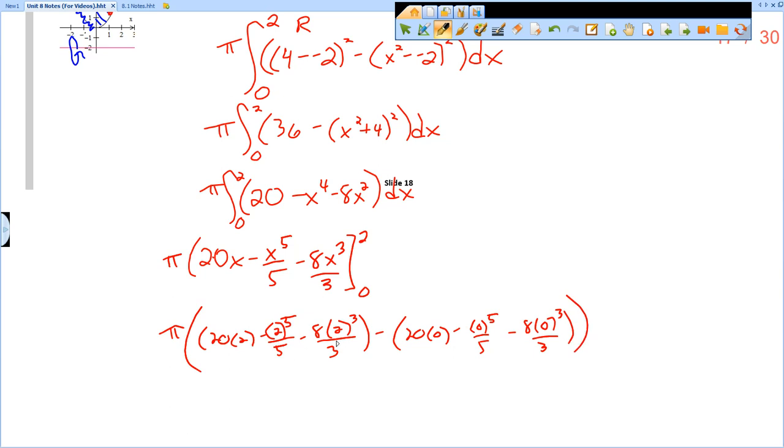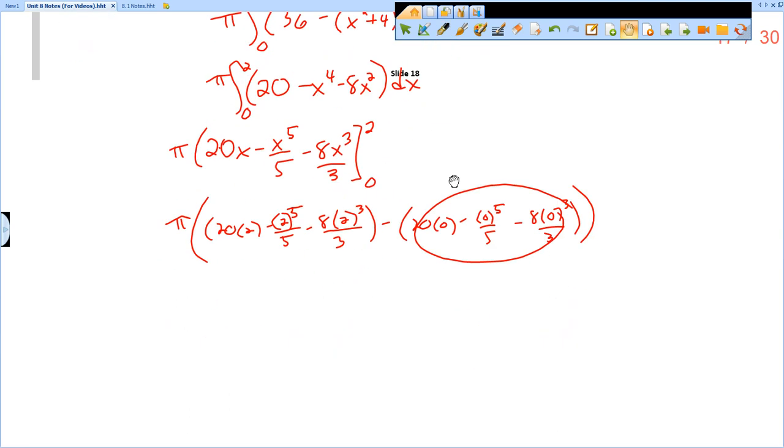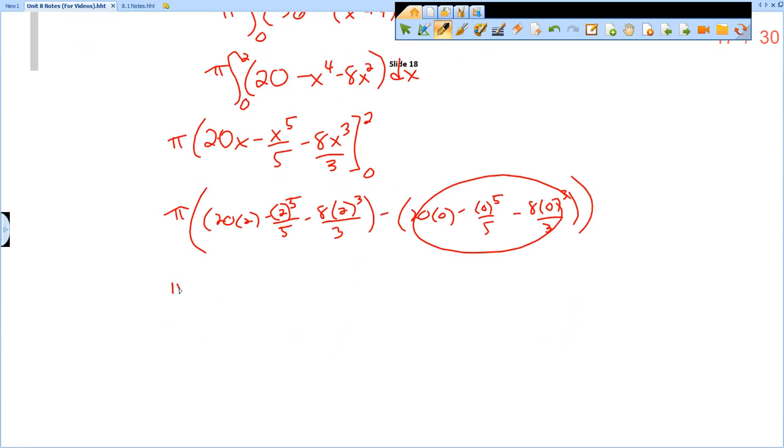Now, the second part, well, 20 times 0 minus 0 to the 5th, right? That's all just 0, okay? So now we really just have the first part. All right, so I have pi times 20 times 2 is 40, minus 2 to the fifth is 32 fifths, minus 8 times 2 cubed, right? 2 cubed is 8, so this would be 64 thirds, right?